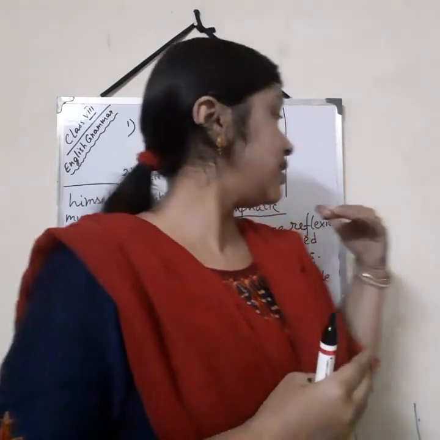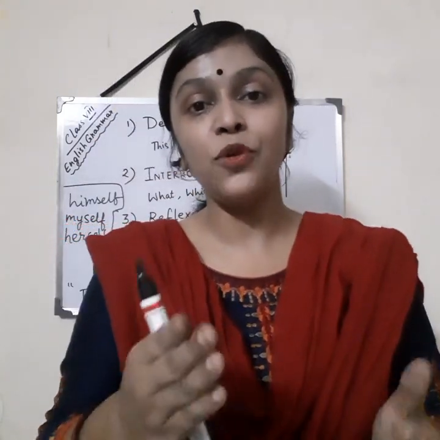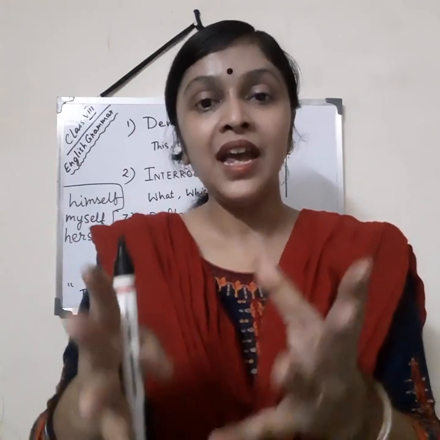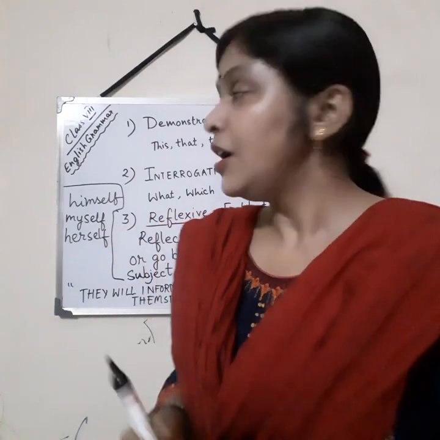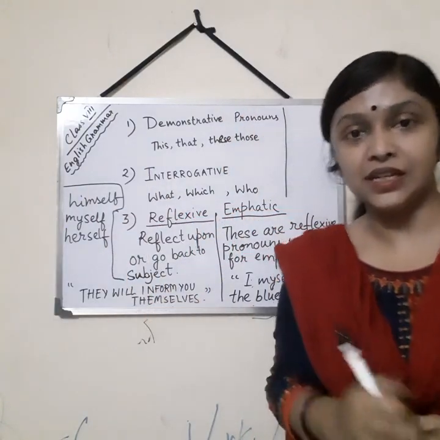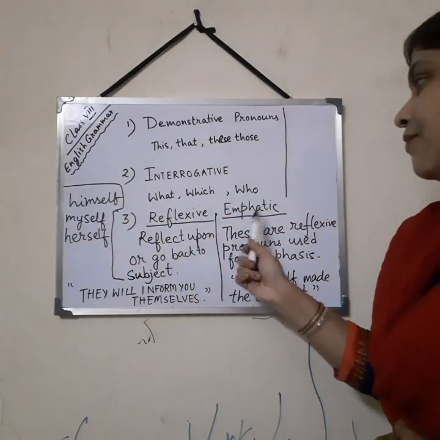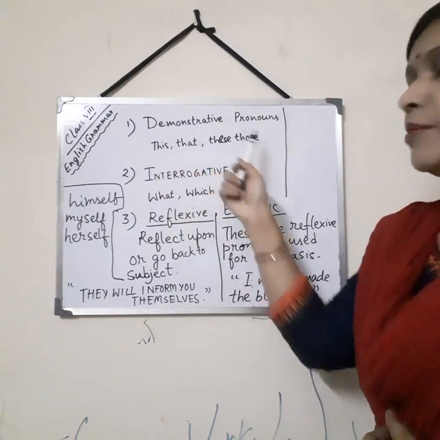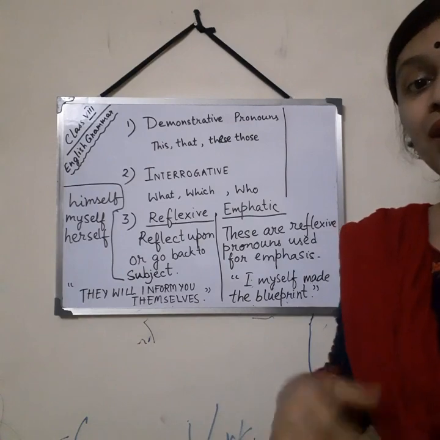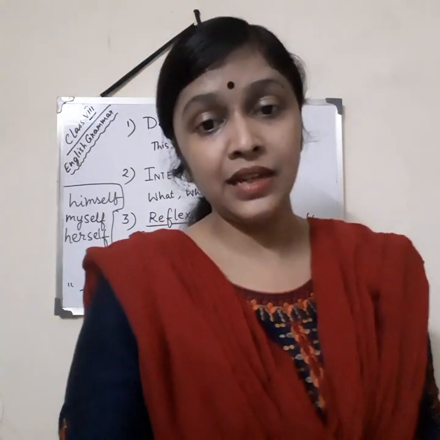But in the case of an emphatic pronoun, it is mostly placed just after the subject in order to show emphasis on the subject. Understood? So these three types we did. Reflexive and emphatic, together we did interrogative and demonstratives. Okay, now let us go to the other kinds of pronouns.